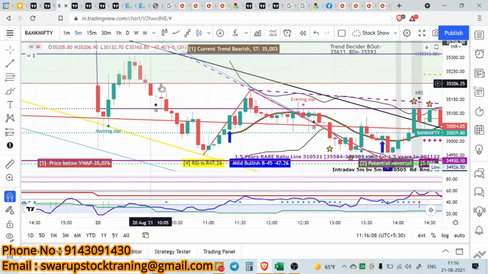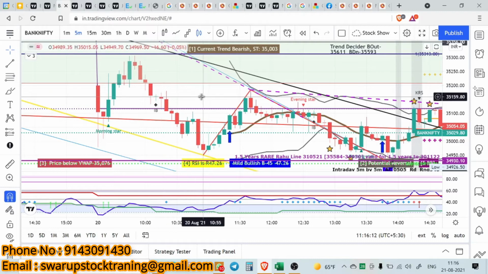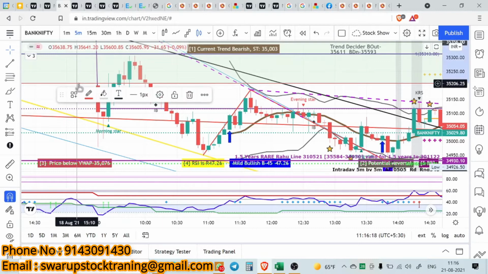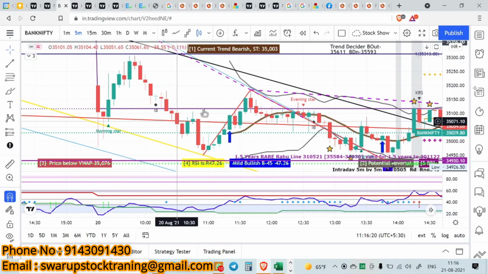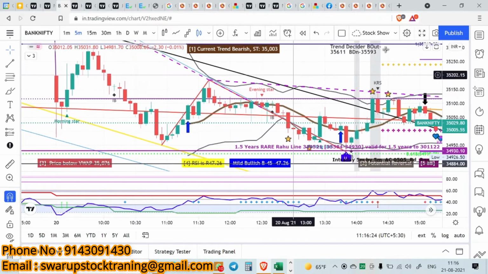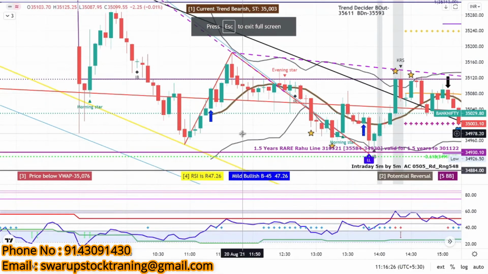This green line is basically a window gap, the previous daily window gap, which has been broken. Once it is broken, I can delete this line, because the window has done its job and is not required. Then look at the support and resistance, how it has come.